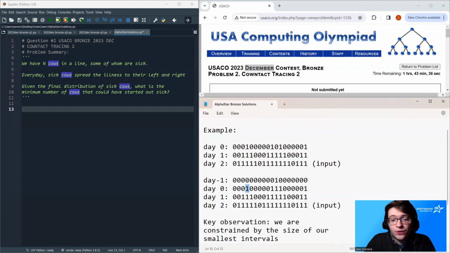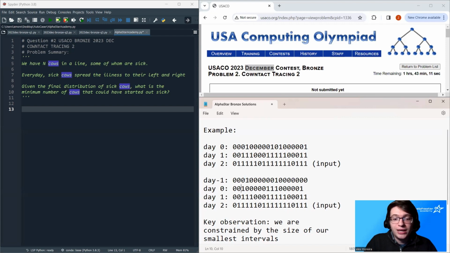They can't go any further back in time. Someone had to get sick on day 0 in order to produce this interval. And there's only 1 cow that could have done it, this cow. If we go further back in time and I place a cow right here, well, then that actually would increase the size of my interval, right? It would expand the interval, and now all of these cows would be sick.